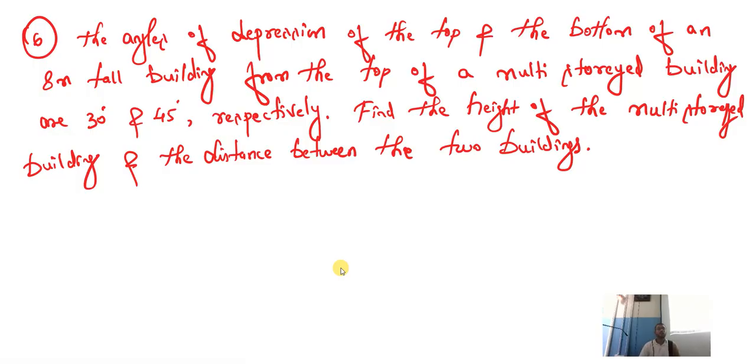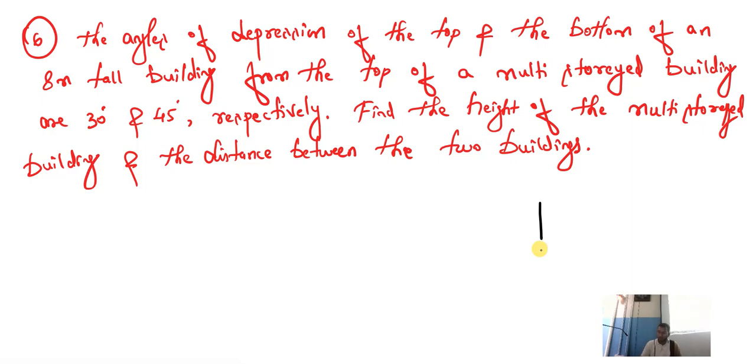Children, a bit confused, but not much confused. Just a simple idea we have to generate here to solve this problem. Angle of depression is happening. So it is common sense. The angle is coming down. The angle of depression of the top and bottom of an 8-meter tall building.